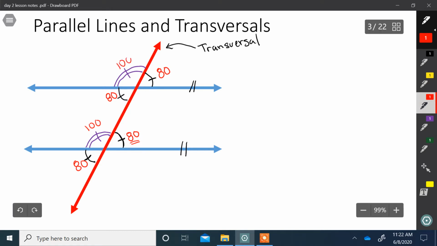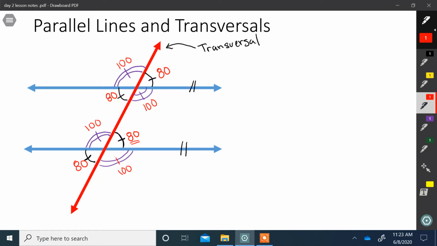So this will also be 100. Vertical angles are also congruent. So this will also be 100, and that makes sense as well. So in a way, by giving you just one measurement, you can figure out the rest of the measurements.